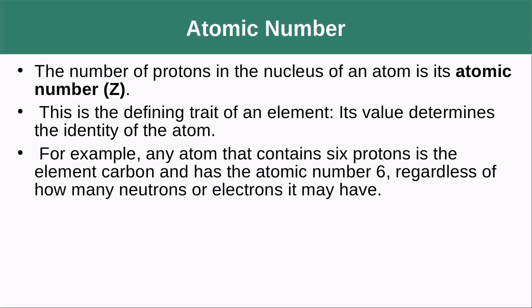Atomic number. So the atomic number is the number of protons in the nucleus of an atom. This is the defining trait of an element, okay? All elements that have 6 protons are always going to be carbon. All elements that have, say, 8 protons, with an atomic number of 8, those are all going to be oxygen.